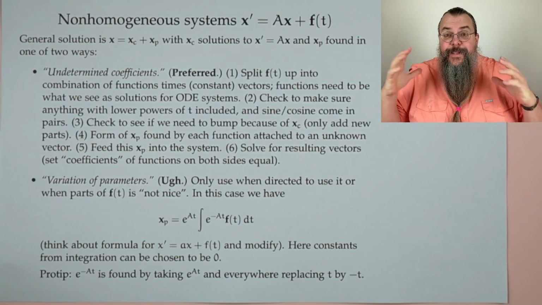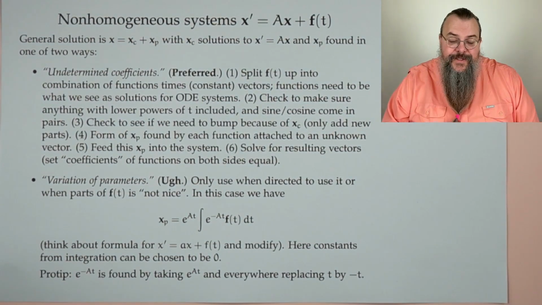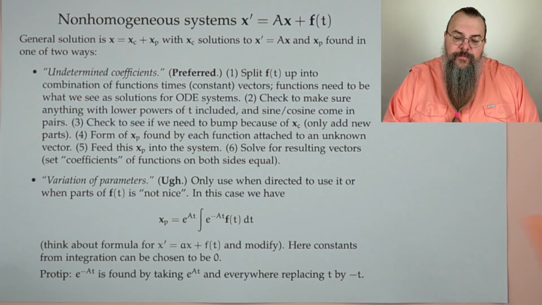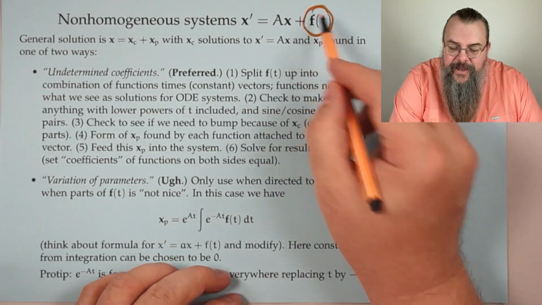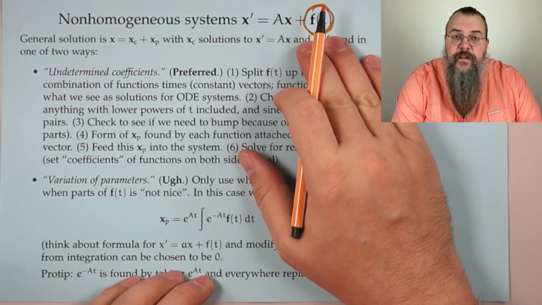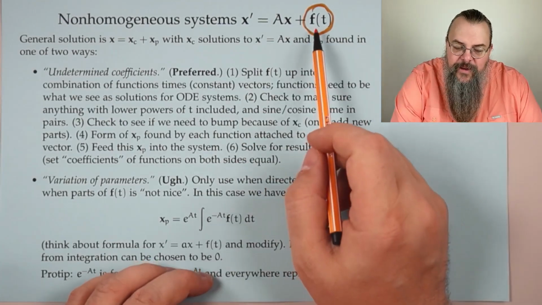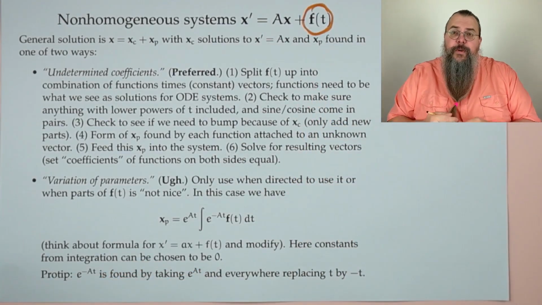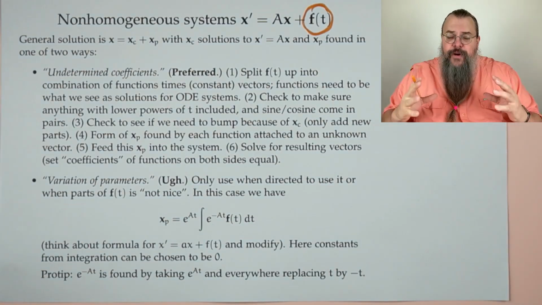Now, the last thing to talk about, non-homogeneous. This means that there's something here, this f of t on the end. If it wasn't there, homogeneous; with it, non-homogeneous. So it's as simple as, is there something there? Now, if there is, we do what we did before, which is to say, okay, I'm going to think about breaking the problem into two parts.